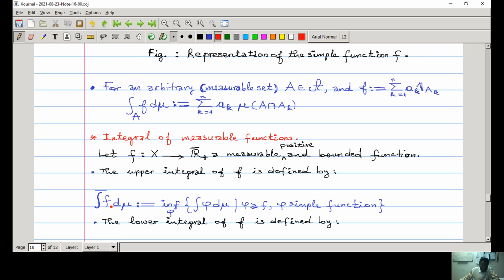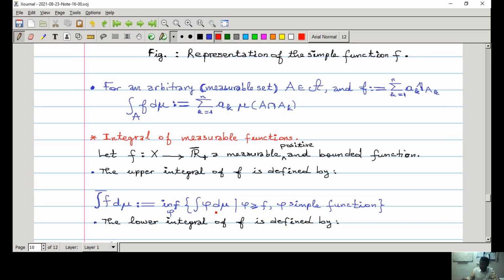So for the upper integral, you see that we will approximate this function f with simple functions that are greater than or equal to that function, as you can see here. And then we compute their integrals, and we take the infimum of all of them.